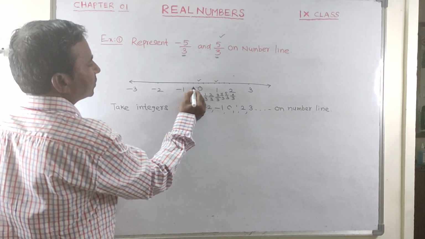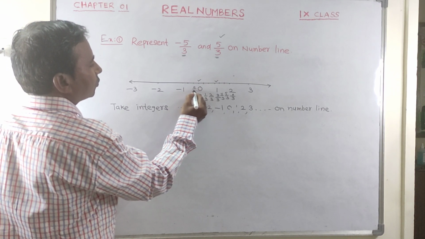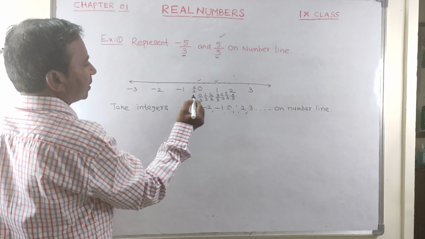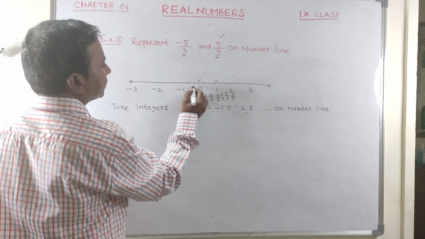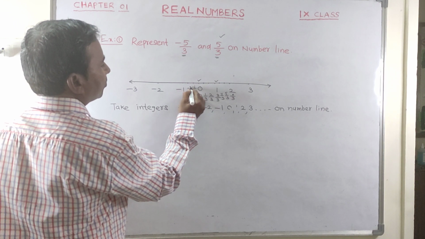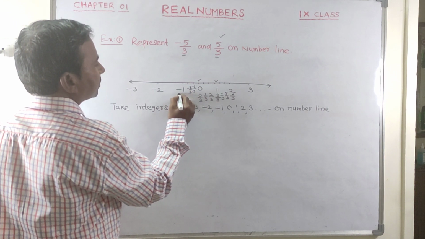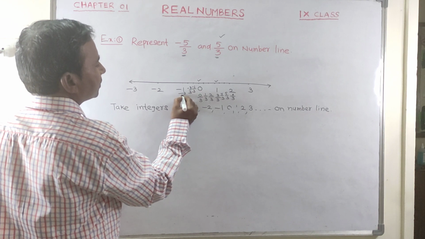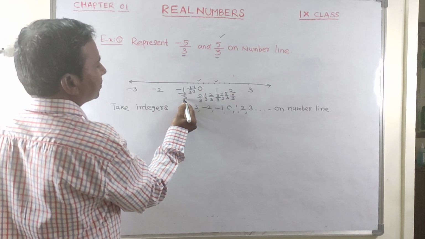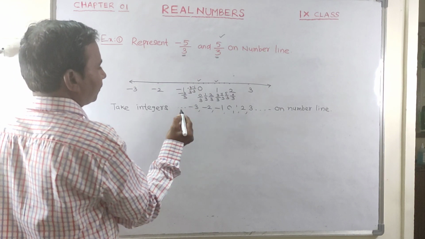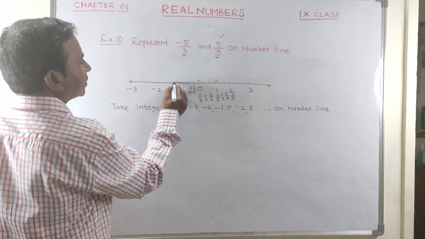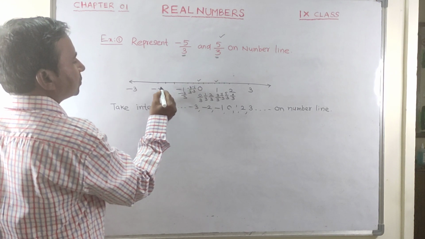See, this represents 0 by 3, okay, minus 1 by 3, here this is minus 1 by 3, minus 2 by 3, minus 3 by 3. Minus 3 by 3 is nothing but minus 1, 0 by 3 is nothing but 0, and again here 3 parts means 1, 2, 3.